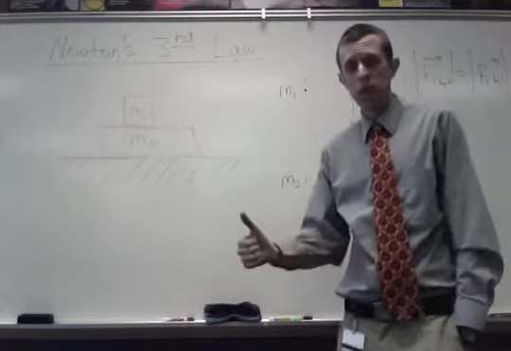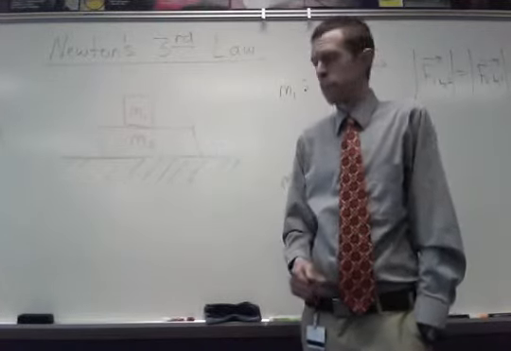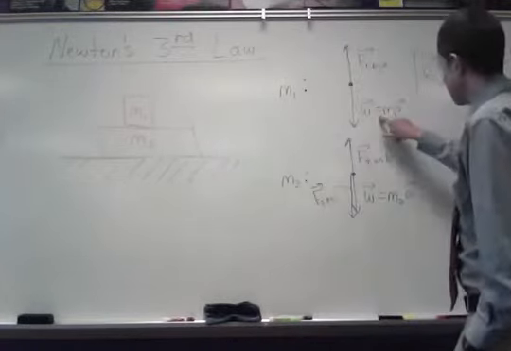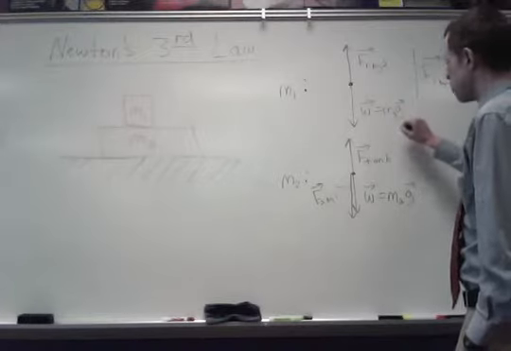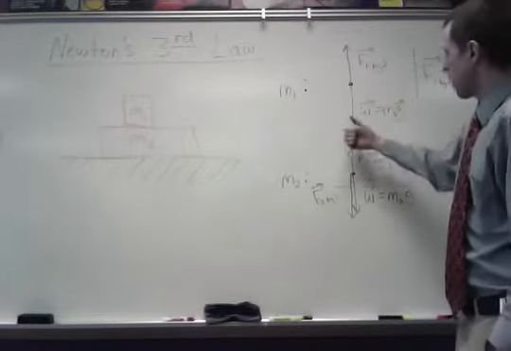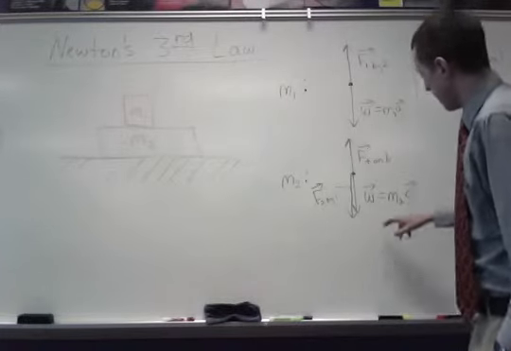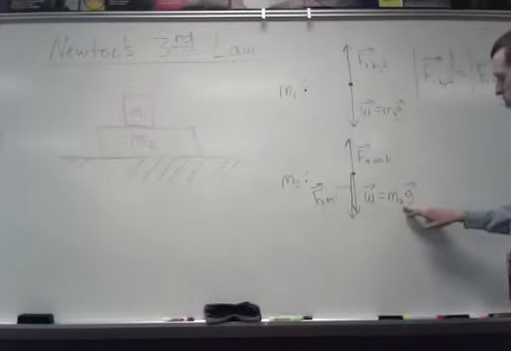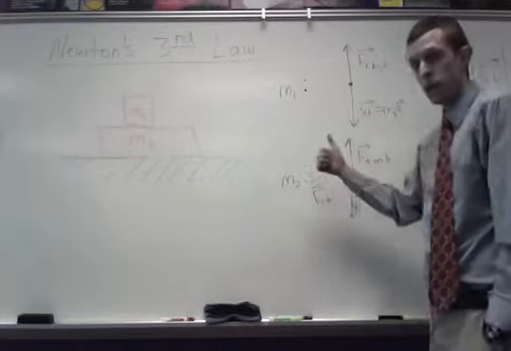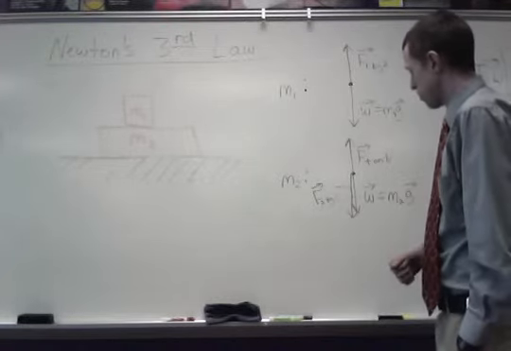There's also a force upward on the Earth by those masses. So this weight, mass 1 times g, would be equal to the force upward on the Earth by mass 1. And this weight, m2 times g, would be equal to the force upward on the Earth by mass 2.